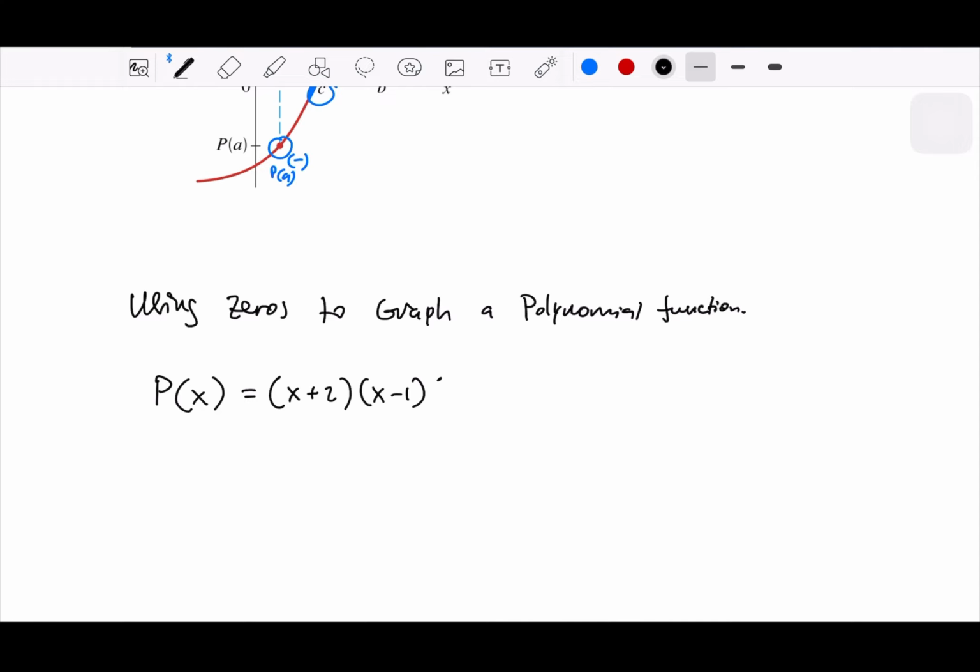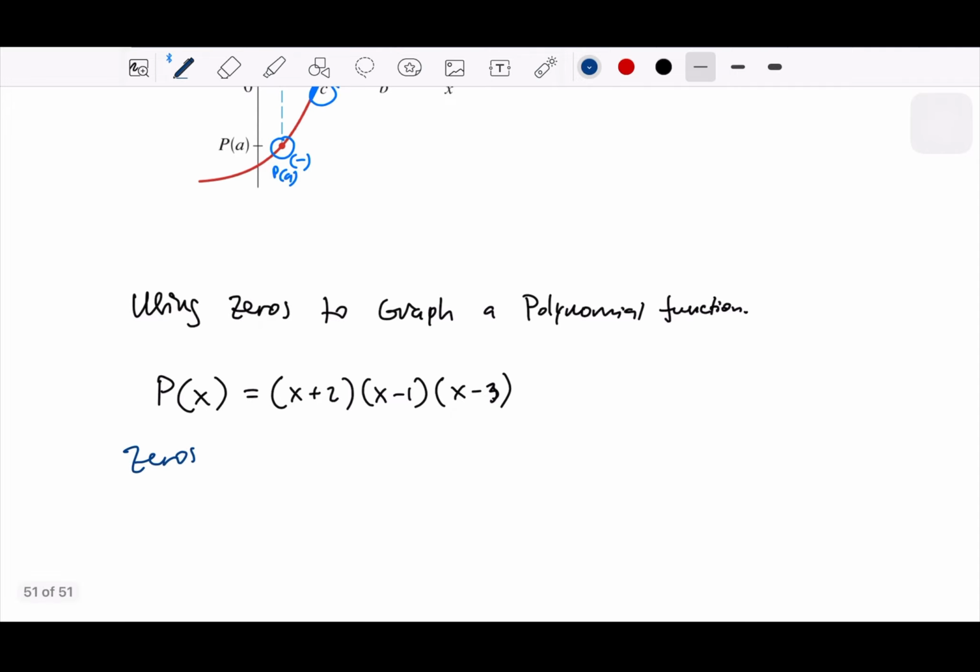Let me just give you the already factorized form, so we don't need to factor again. So here we get the zeros from this P of x. Our x equals -2, 1, and 3.